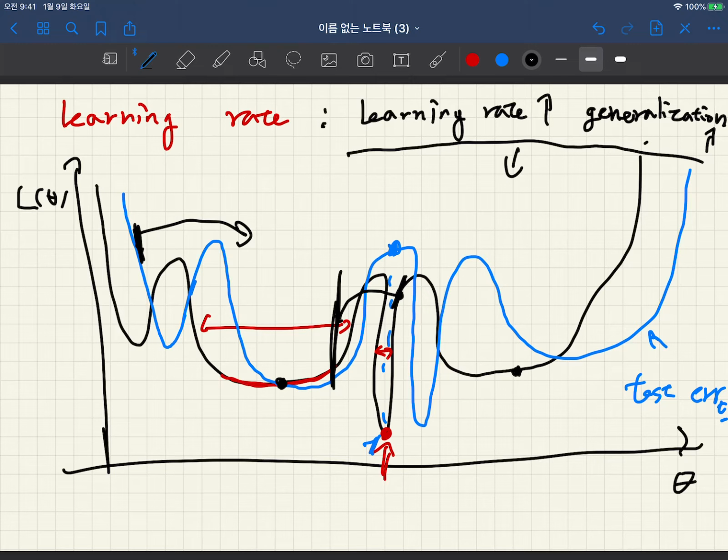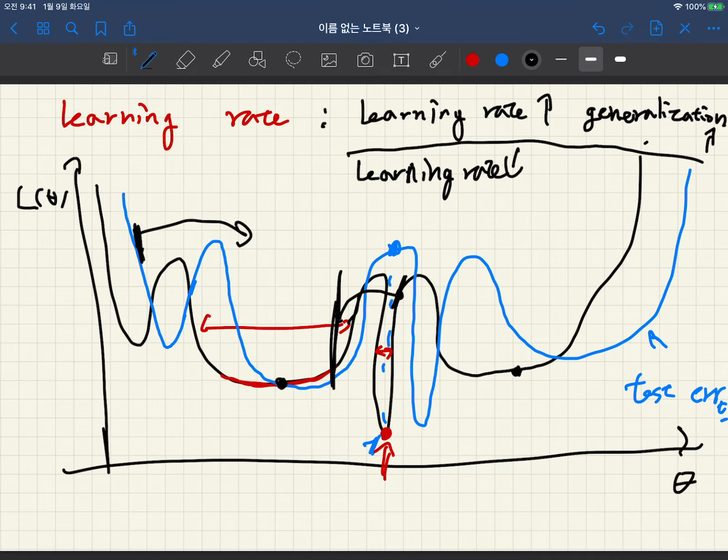When the learning rate is very large, even in this wide area, your update never converges to the local optimum. When you decrease the learning rate, on the other hand, you can very carefully update your next position so you can converge to the local optimum.